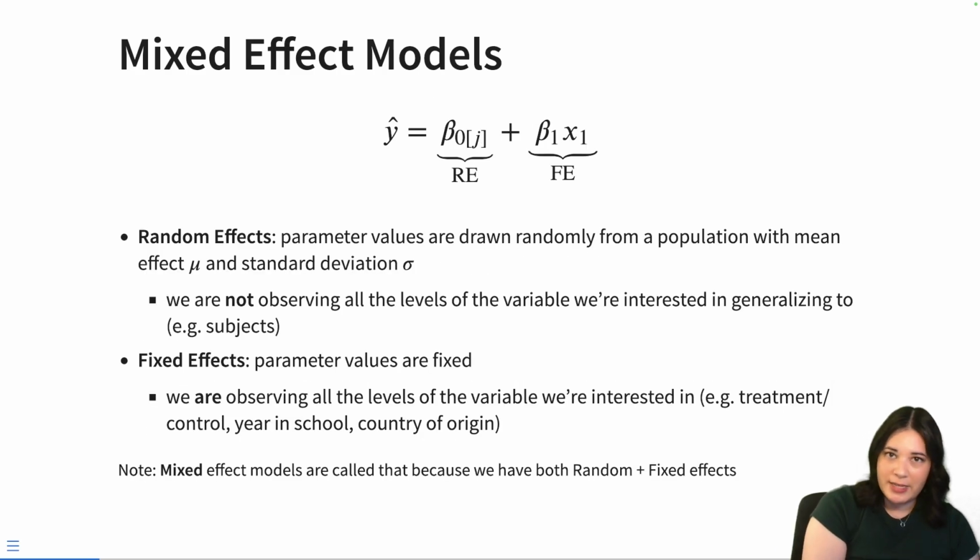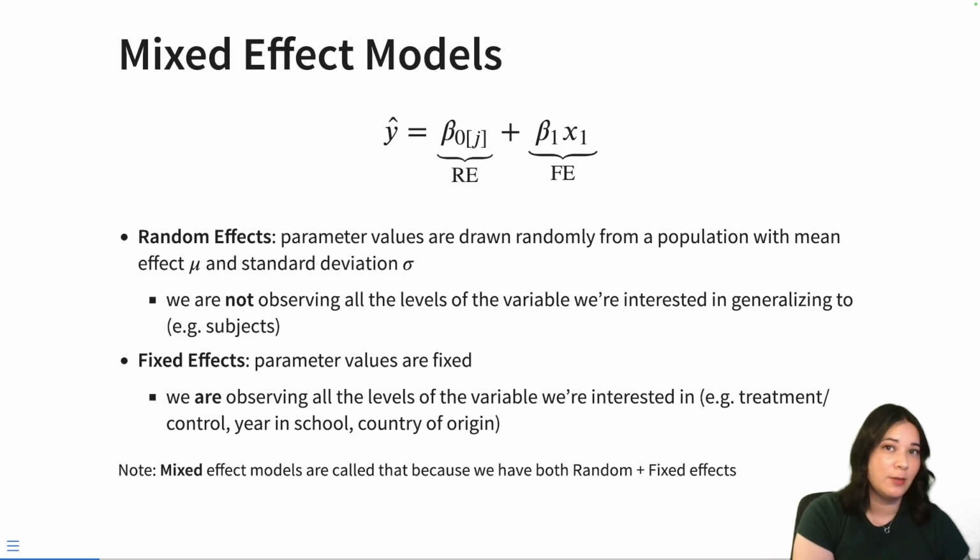Now, the reason mixed effect models are called mixed effect models is because they have both random effects, which we just discussed, and they have fixed effects. Fixed effects are essentially everything we've talked about before talking about random effects, but they're values where the parameter values are fixed.